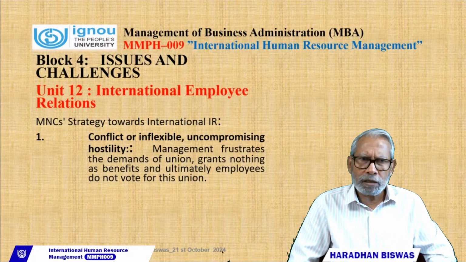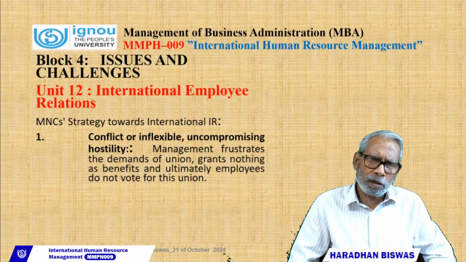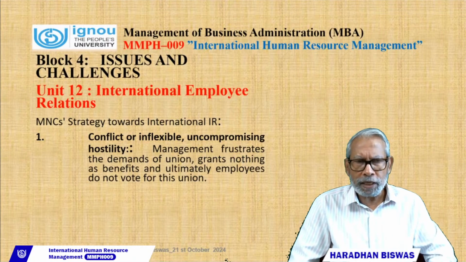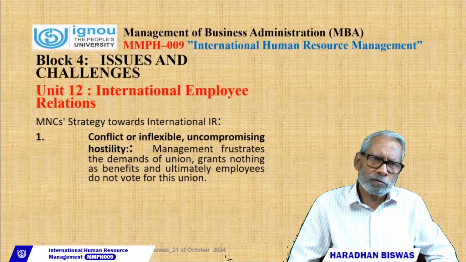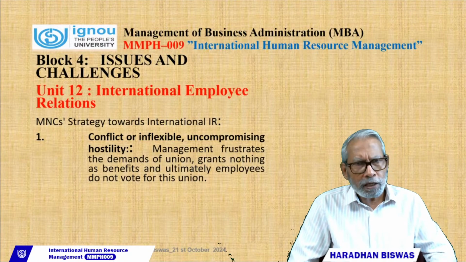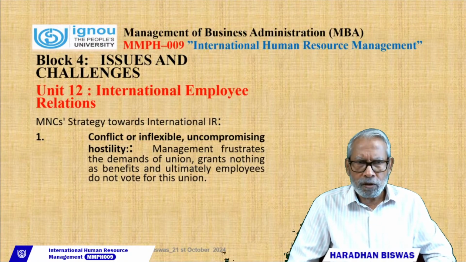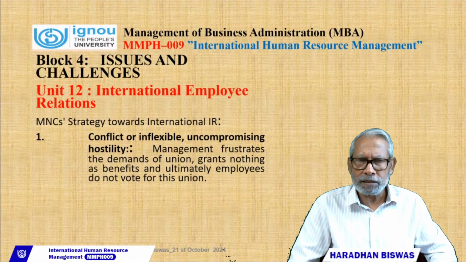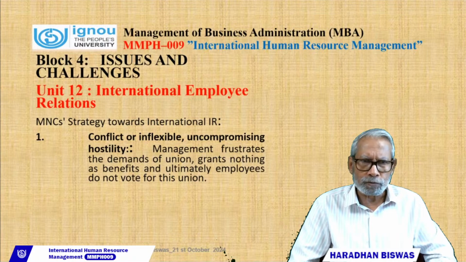So these are all things to keep in mind, and accordingly multinational companies have to make some strategy to perform, to increase growth, to see to the welfare of the employees also, and to run the business. Especially for international industrial relations, it is some sort of challenge also.